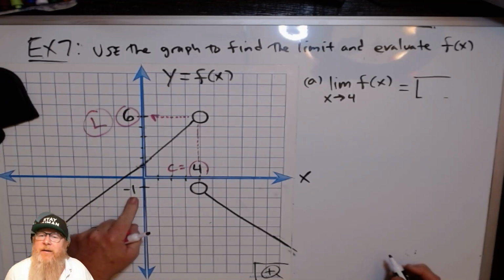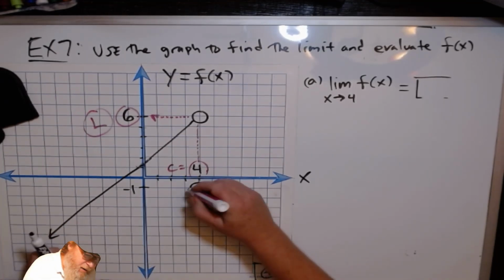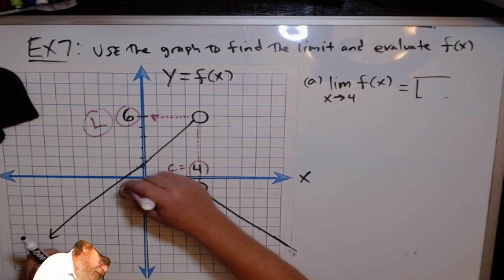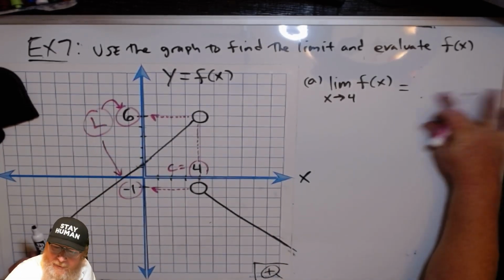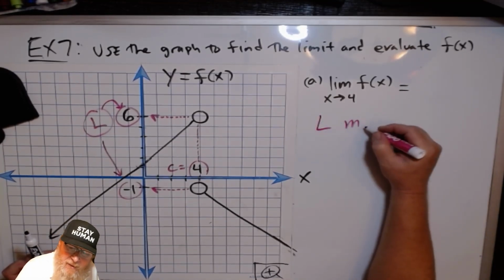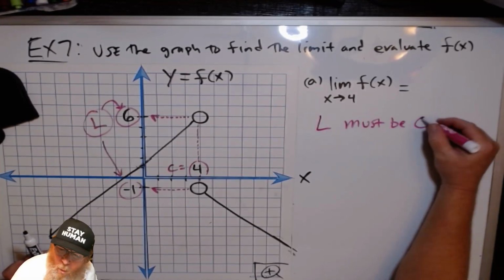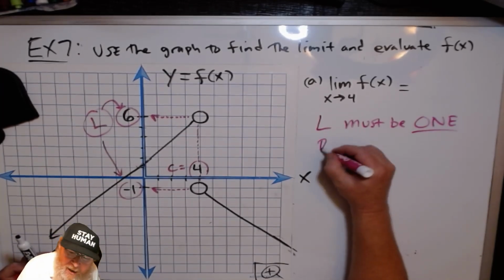But this one is -1. And so the L must be one real number.